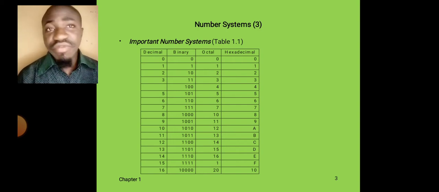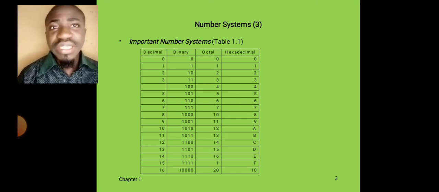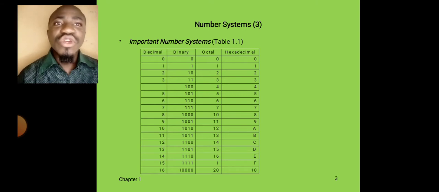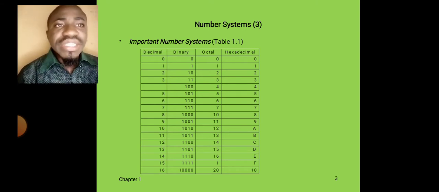Everybody is making use of this decimal system. Even when you go to the bank to pay money, you pay it in decimal system. Either you are paying 1,000 naira, or 2,000 naira, or you are paying 1 naira. That is decimal system.